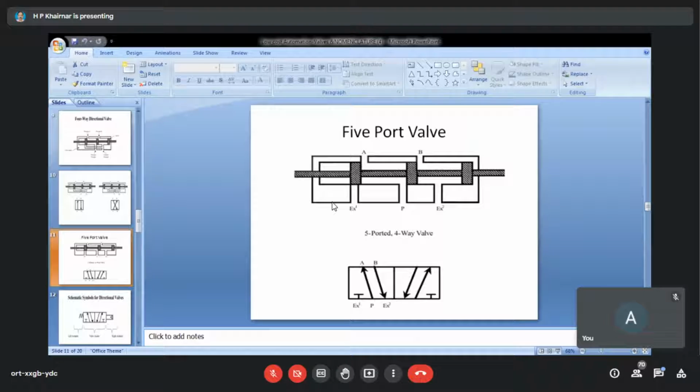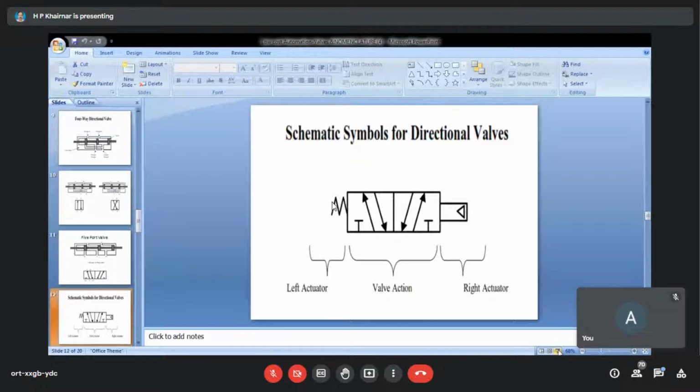So this is how you indicate two possible situations in two squares. This is how you will have to indicate the symbol.